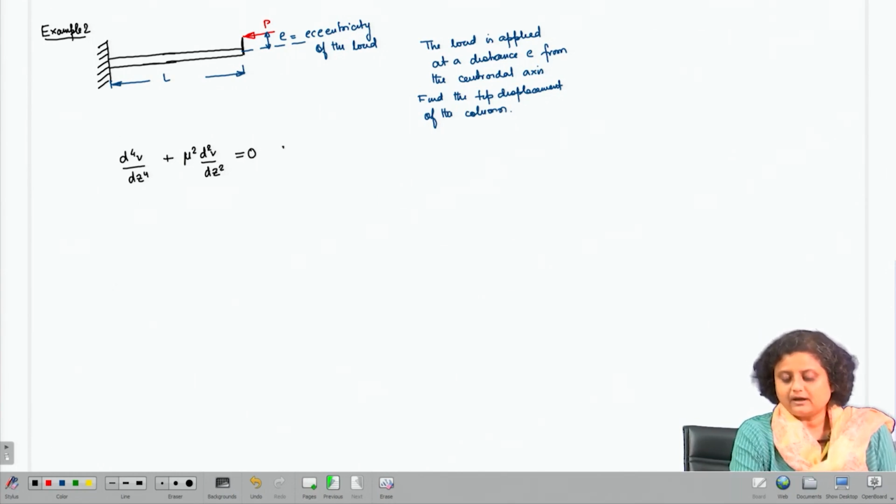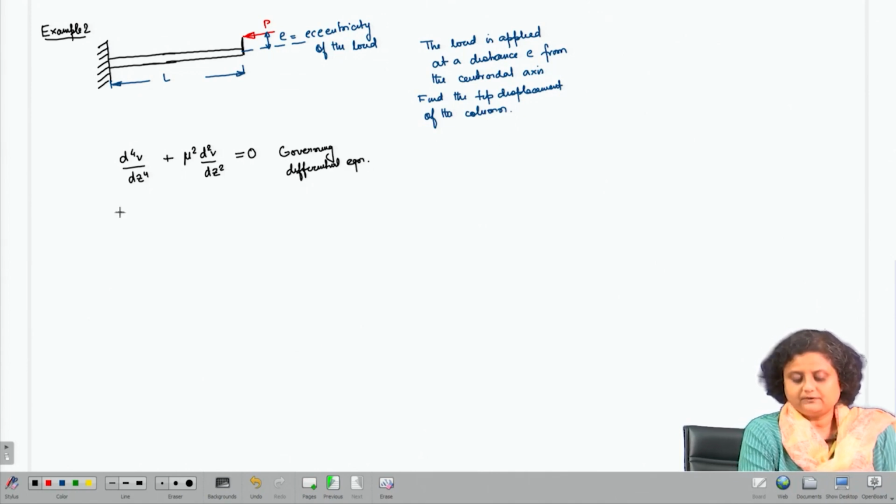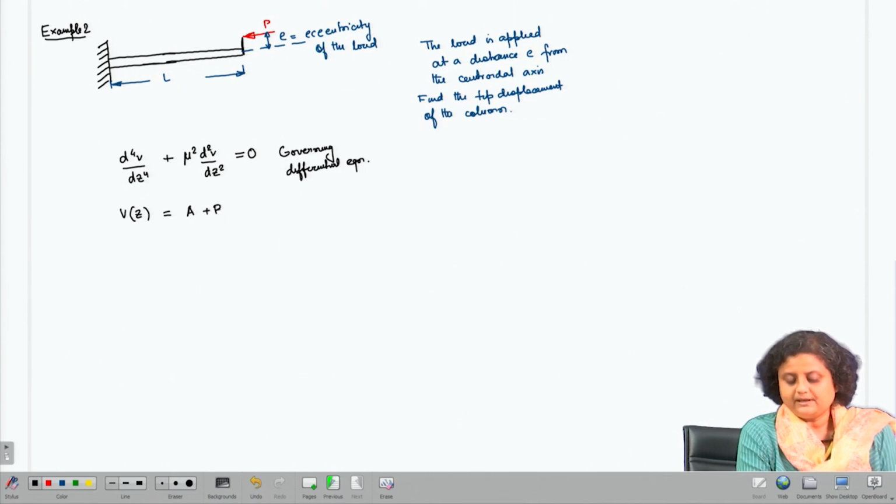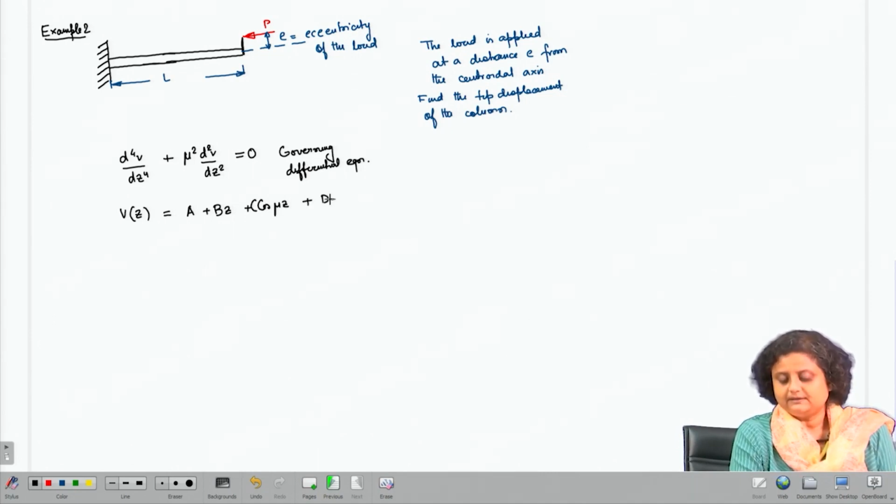So, this is the governing differential equation. The solution of this equation, which we have derived earlier, is V(z) equals Bz plus C cos mu z plus D sin mu z.